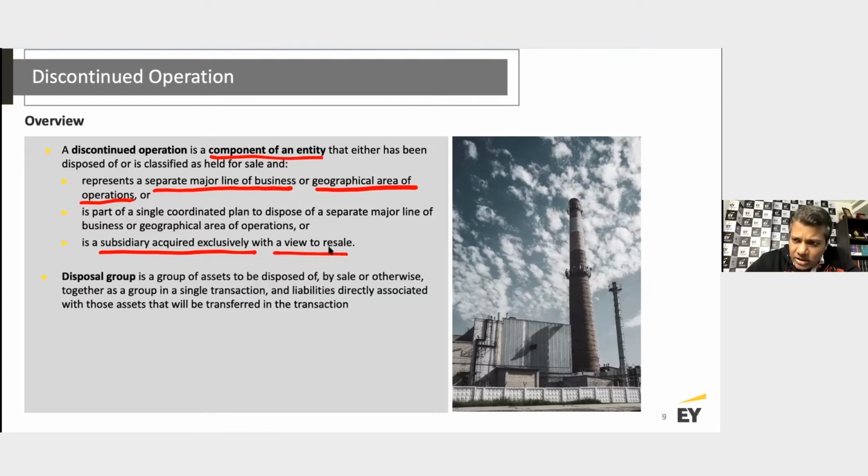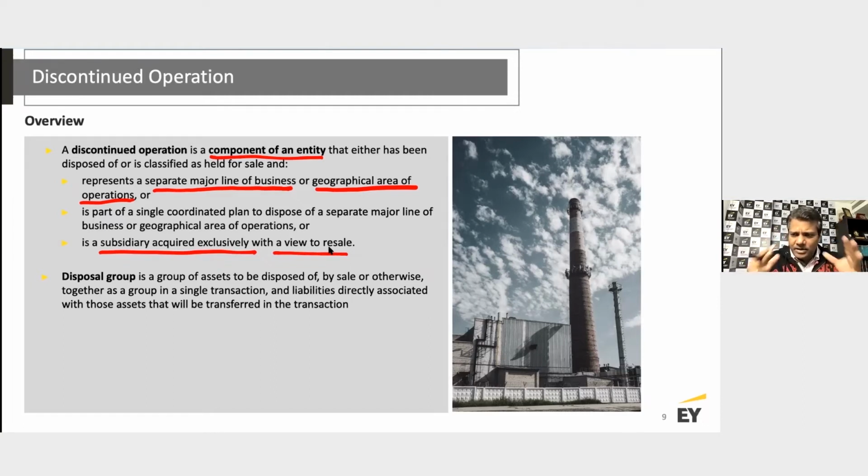Now, a disposal group is a group of assets to be disposed of by sale or otherwise together as part of a single transaction, and liabilities directly associated with those assets that will be transferred in the transaction. So what's a discontinued operation?